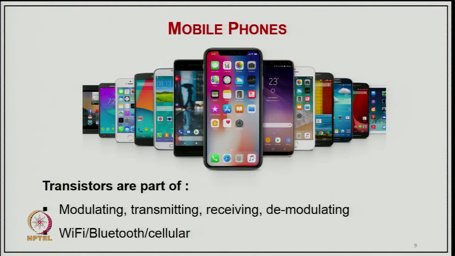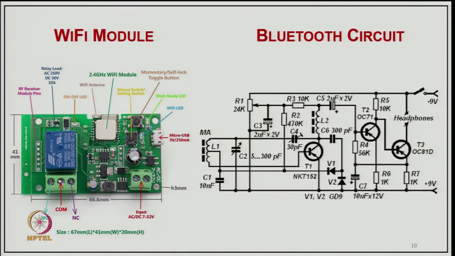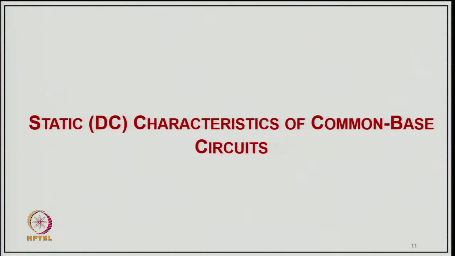This application came hardly more than a couple of decades ago, but it has become popular throughout the world and has changed the lifestyle of human beings. Then another is the Wi-Fi module, and you can see the Bluetooth circuit with a transistor along with other components. We use the transistor for many purposes, not only one specific purpose.